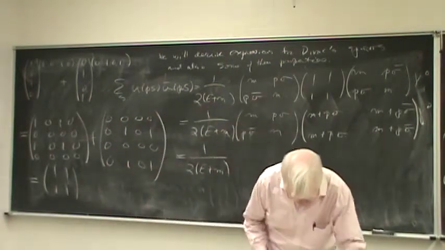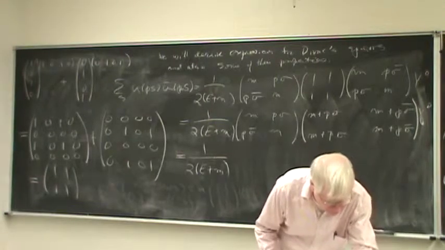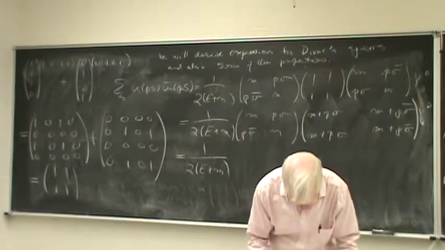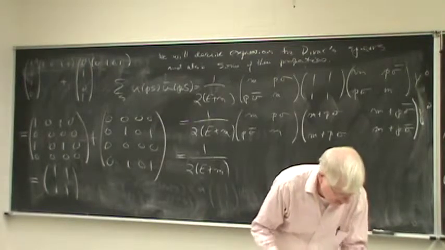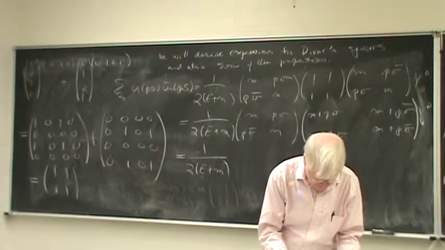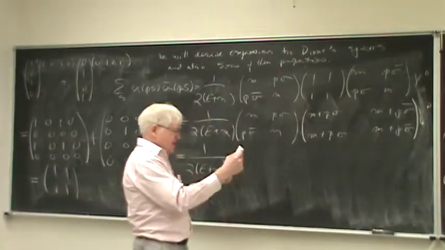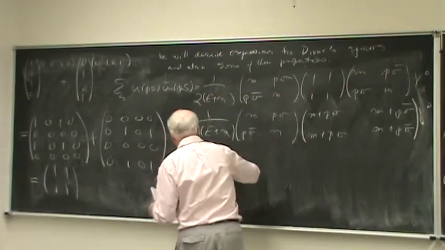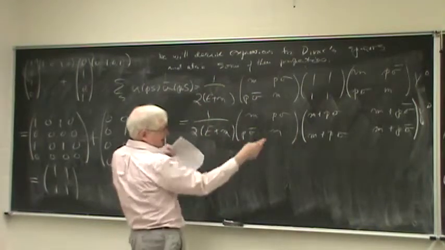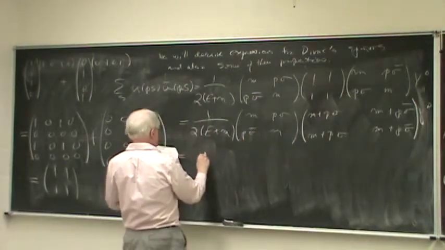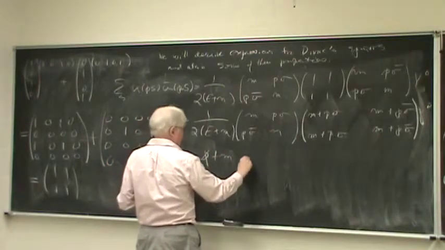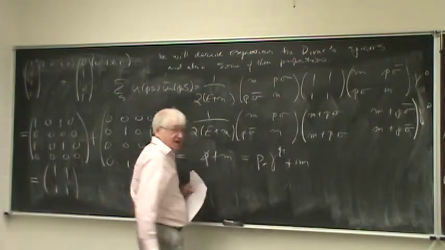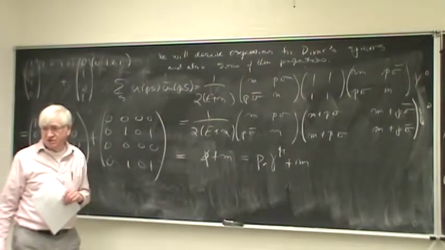Let me give you the answer. In other words, you multiply all that out, then multiply by gamma 0, and eventually what you get is p slash plus m, which is to say p mu gamma mu plus m. So that's a very nice expression.